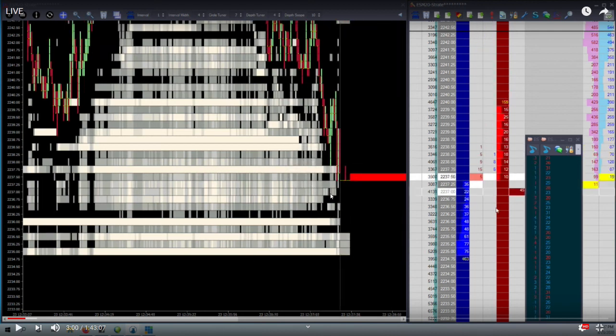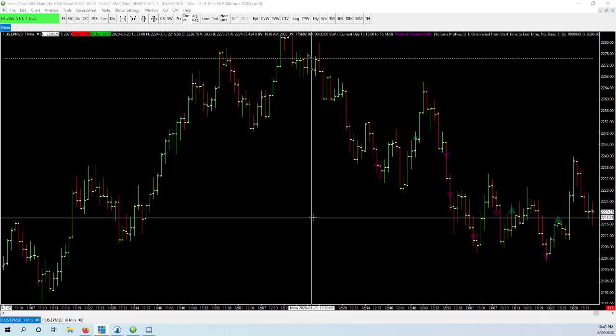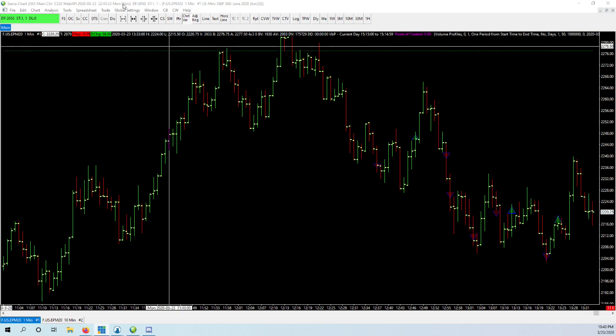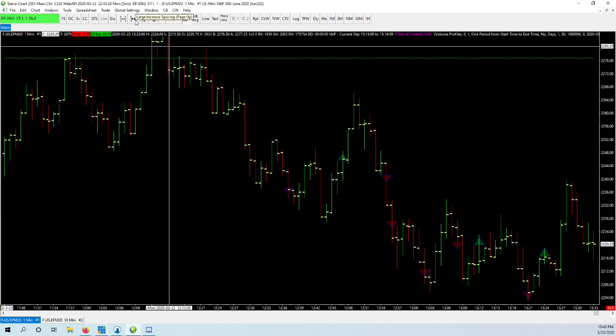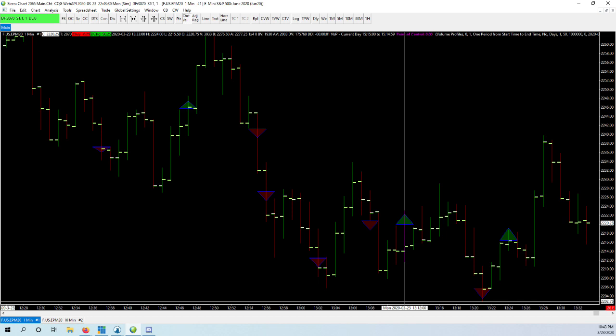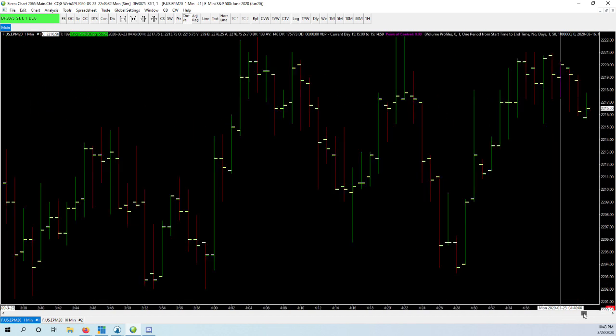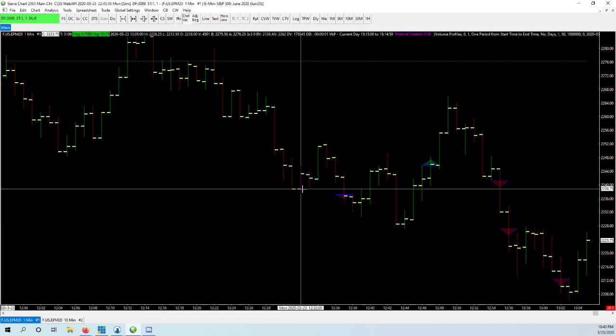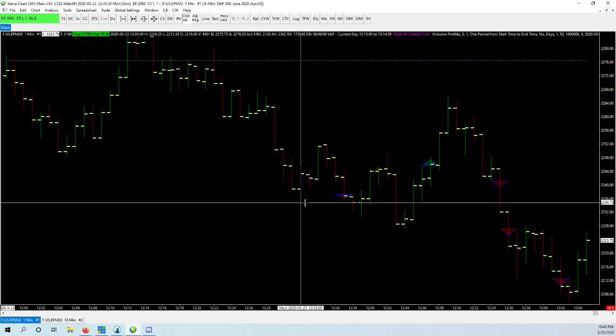See how it's bouncing right off 37.25. If I cut back here, here's where it originally tested. I'm going to ultra zoom in on this. So right here, here's that original pivot point.